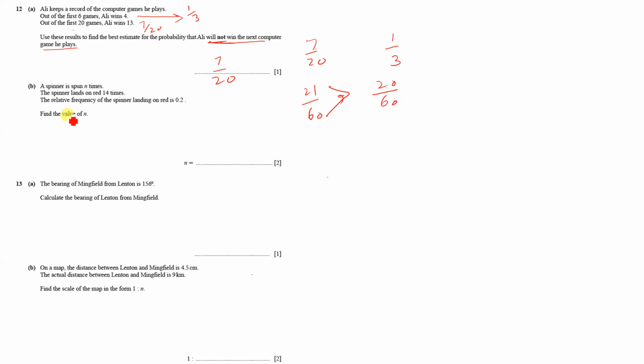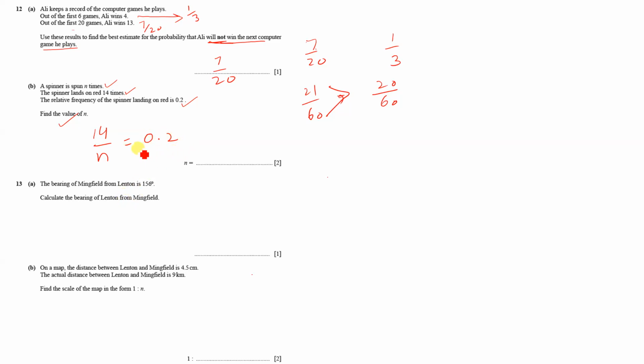Part B. A spinner is spun n times. The spinner lands on red 14 times. The relative frequency of the spinner landing on red is 0.2. Find the value of n. That is, we would have an equation: 14 over n is equal to 0.2.